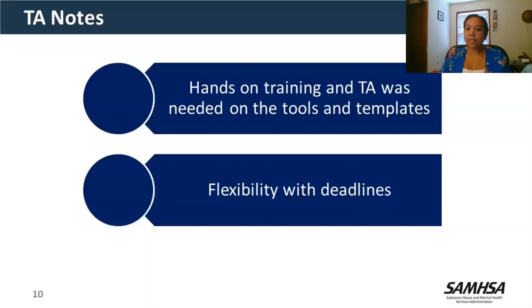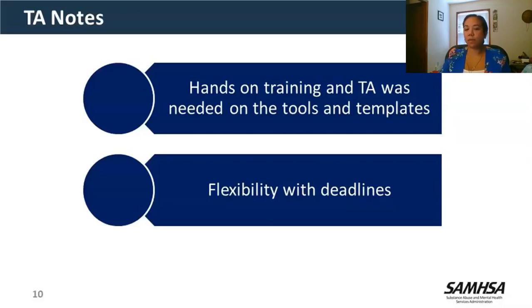And then flexibility with deadlines. The youth leadership was doing most of this work on their own time. Yes, we were doing our TA visits during their regular meetings on Sundays, but also outside of that, when they were doing their collection and their data, they had to do that on their own time.